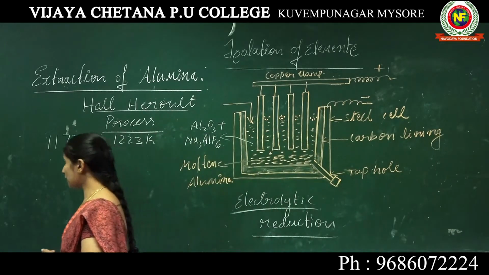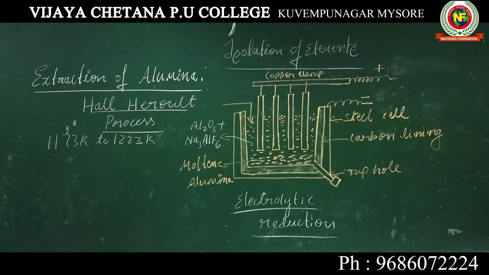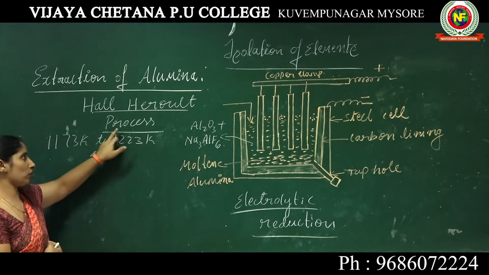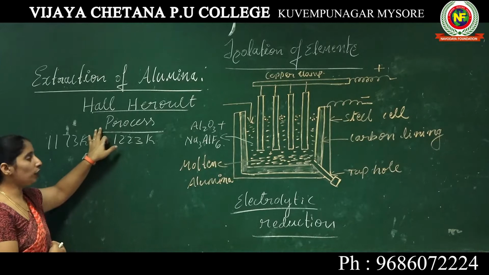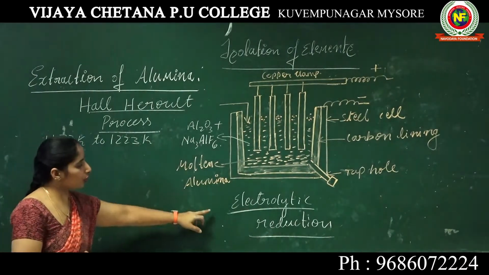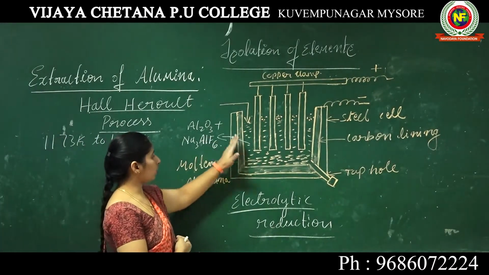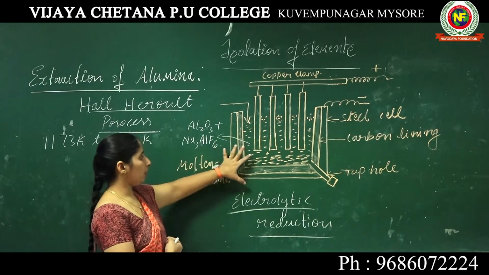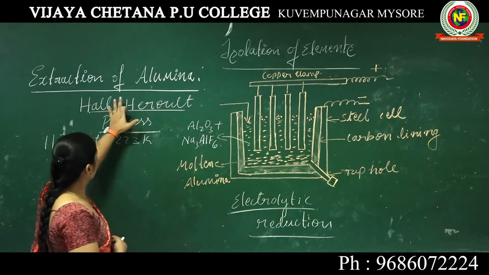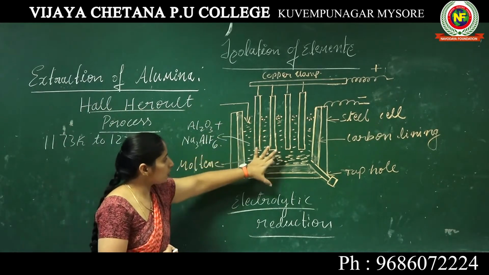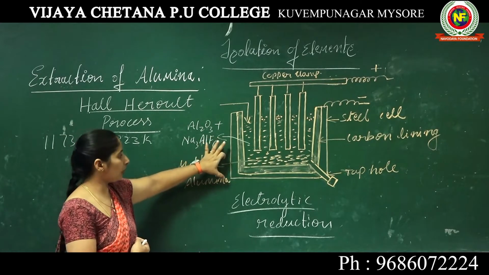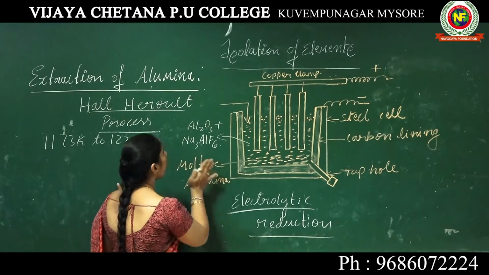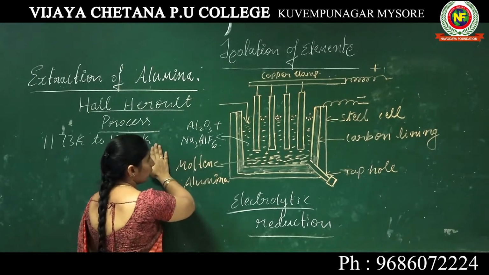This extraction of alumina takes place by the process called the Hall-Héroult process, an electrolytic reduction. This is how the process takes place.